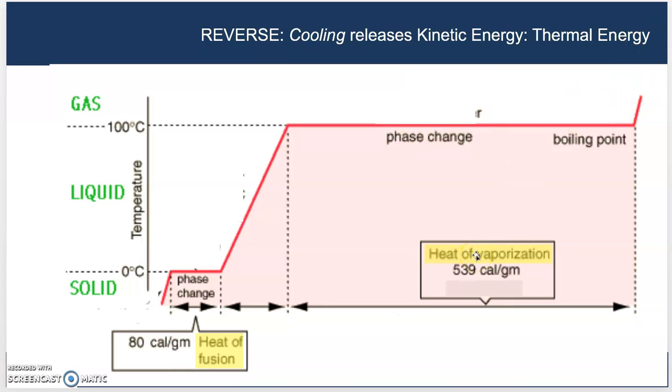That heat of vaporization is 539 calories per gram of water. Now, that's an amazing amount of calories per gram of water. And so you begin to understand how producing a cloud releases an enormous amount of energy into the atmosphere.